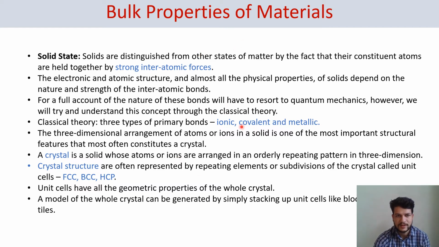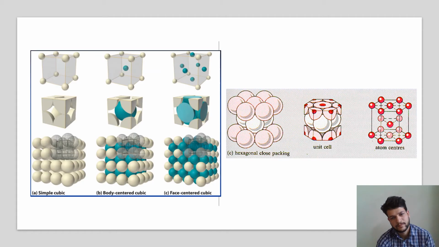Each unit cell of a crystal has the same properties as the whole crystal. So a crystal is made up of a large number of unit cells. Or we can also say that a model of a whole crystal can be generated by simply stacking up unit cells like blocks or hexagonal tiles. In the next slide, we will look at different types of unit cells in a diagram.